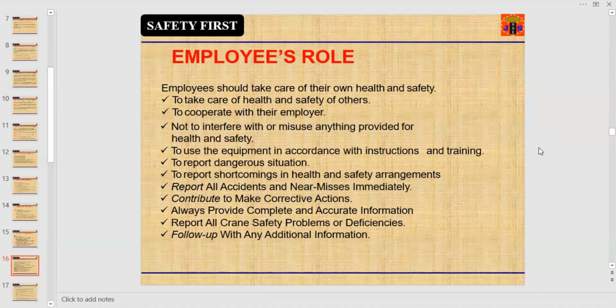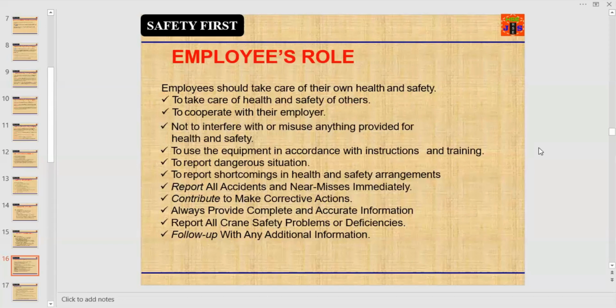Employees should take care of their own health and safety, take care of the health and safety of others, cooperate with their employer, not interfere with or misuse anything provided for health and safety, use the equipment in accordance with the instructions and training, report dangerous situations, report shortcomings in health and safety arrangements, report all accidents and near misses immediately, and contribute to making corrective actions.